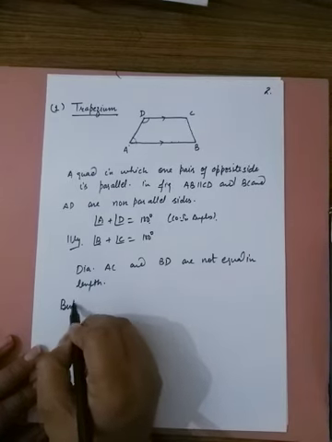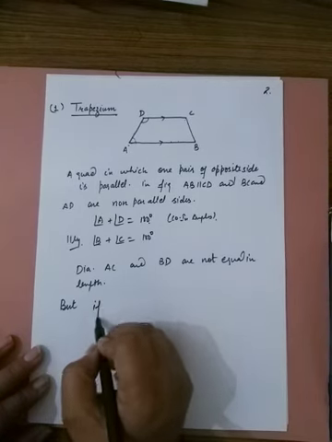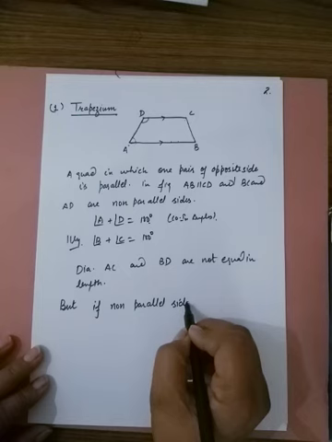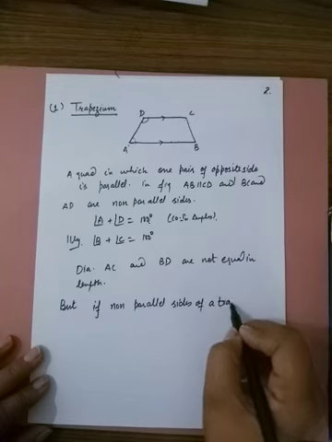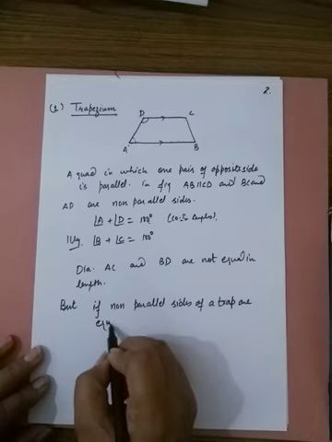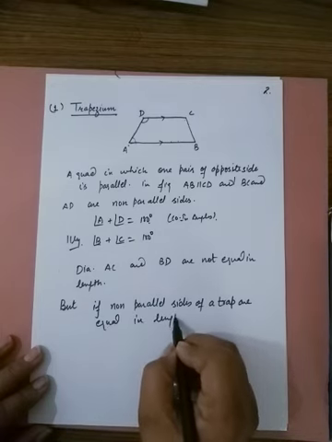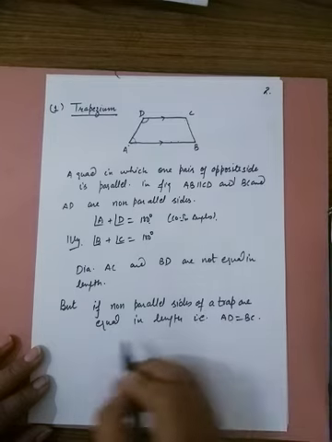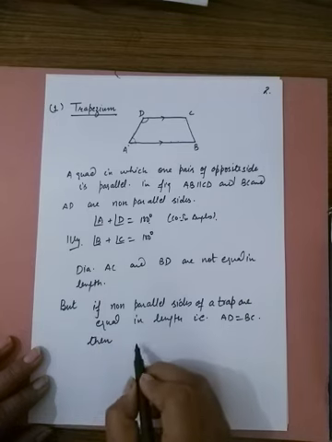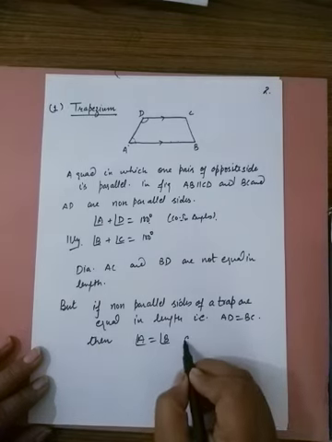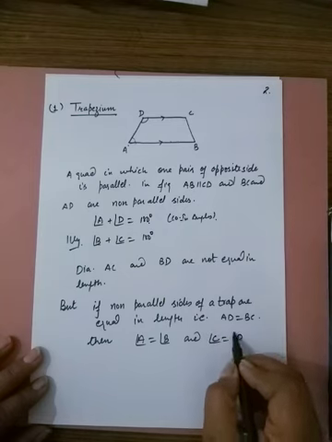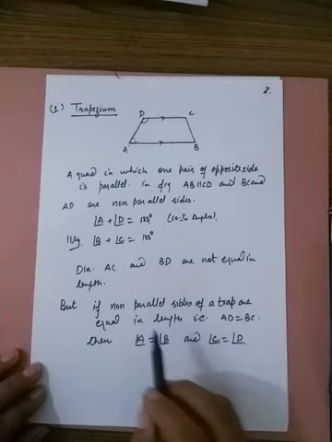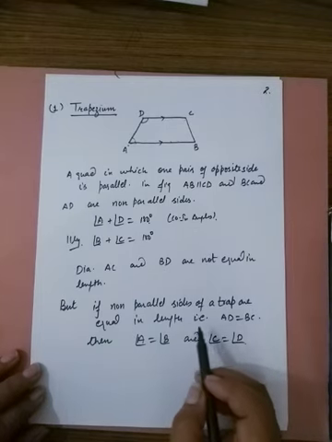But if the non-parallel sides of a trapezium are equal in length, that is AD is equal to BC, then angle A is equal to angle B and angle C is equal to angle D. These are called base angles of an isosceles trapezium and such a trapezium is called an isosceles trapezium.